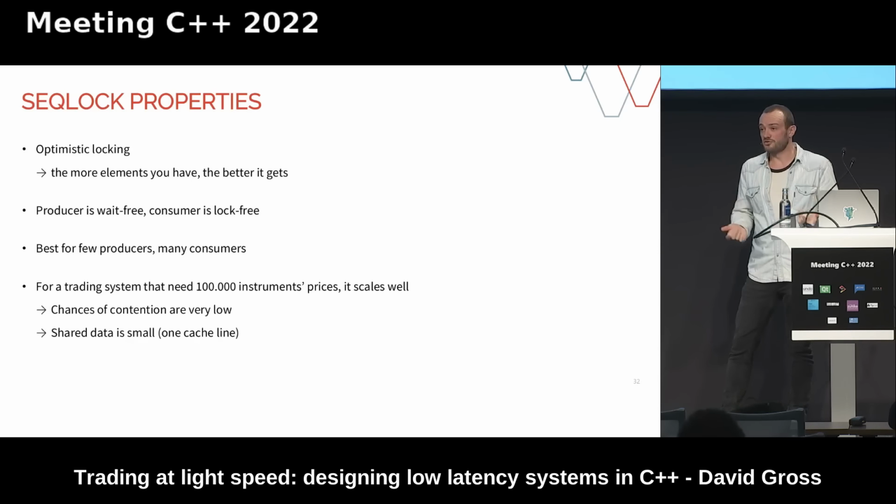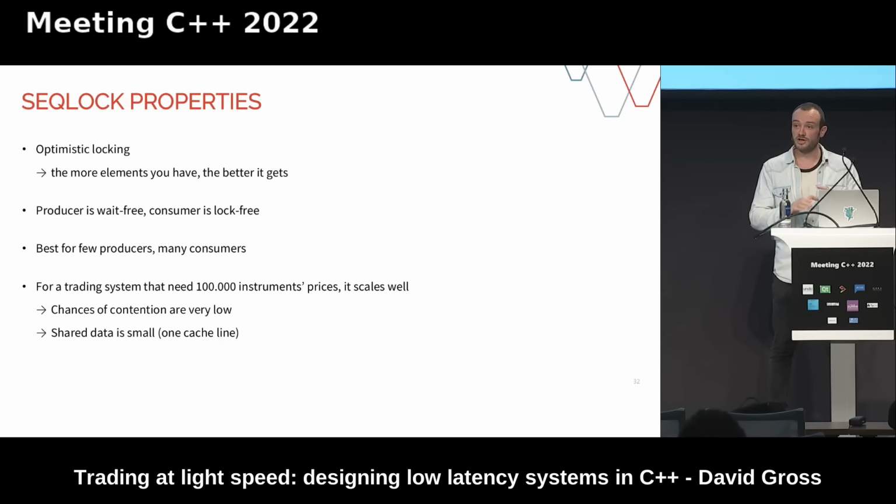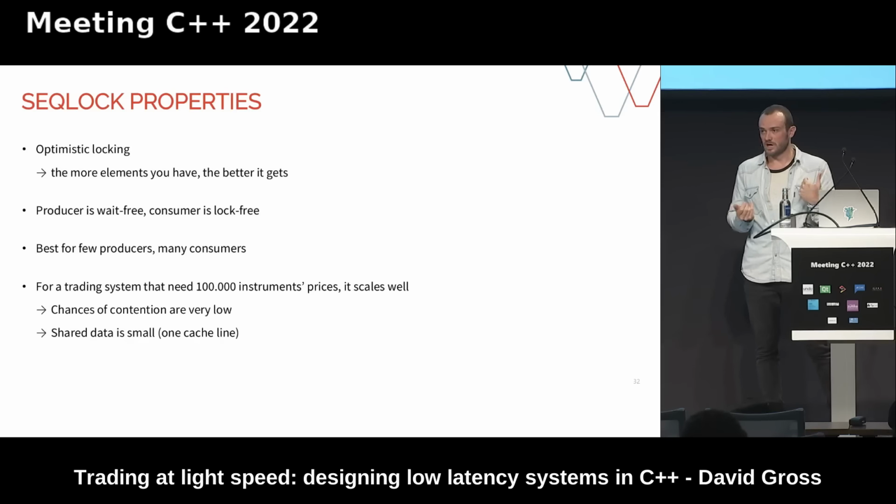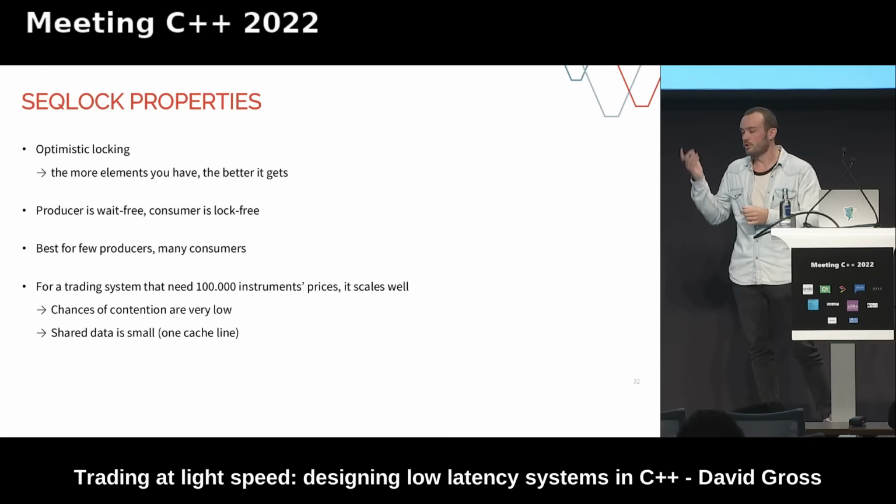So if you have a lot of contention, that lock is going to be quite bad. But if in general you don't, then you go as fast as you can. It fits a particular pattern where you have only a few producers. In our case, we only have one, and many consumers. In our case, on the diagram I showed, we have like 4 or 5. In real trading applications, it's more like between 10 and 100.